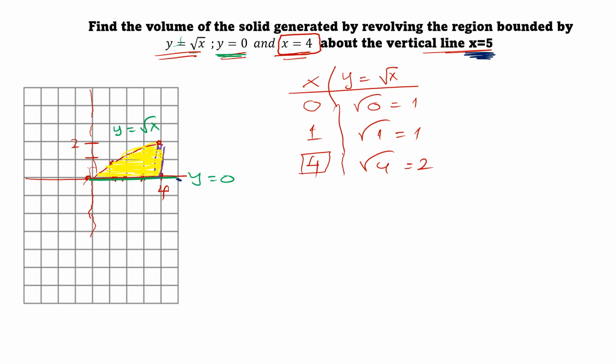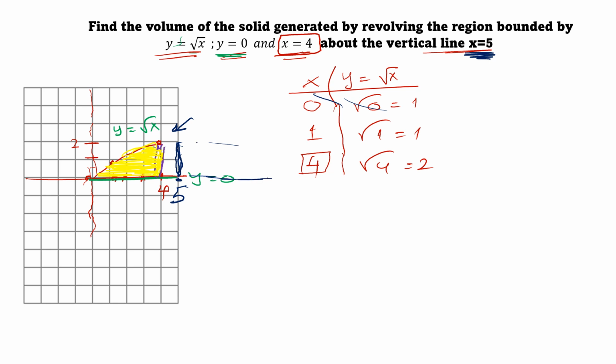So where is 5? The 5 is here. So this graph is revolving around this 5, meaning this is the axis of revolution. If you imagine that this vertical line is a mirror and this graph is going to be revolved around it, how will it look?